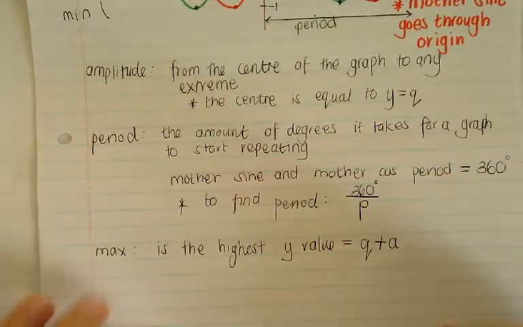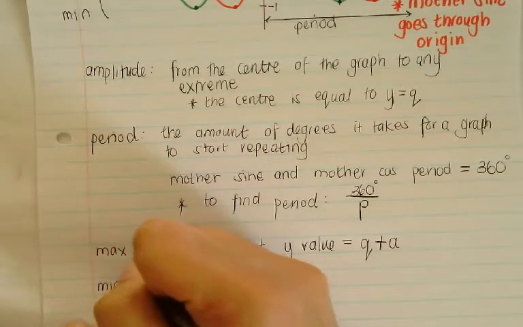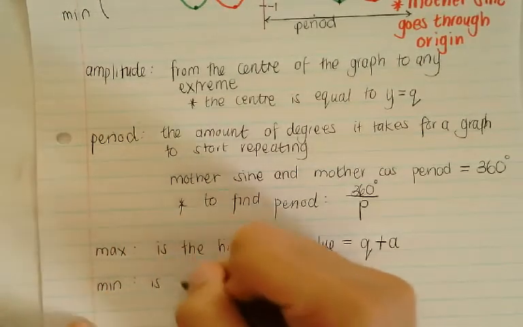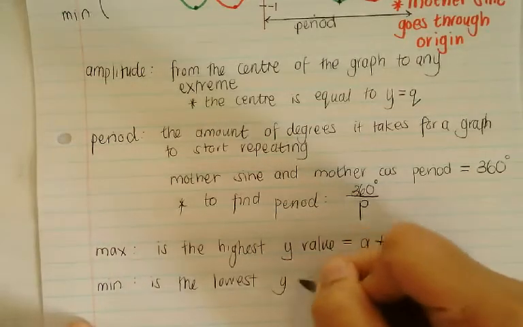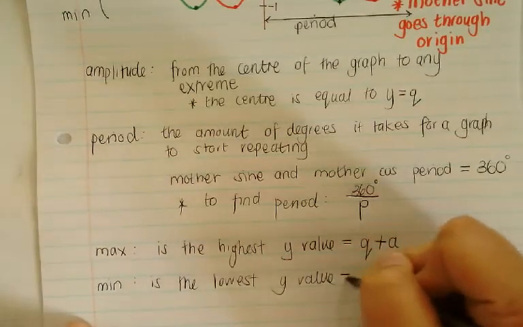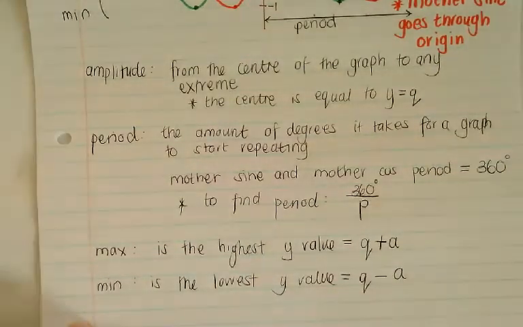So the maximum value is q plus a. What do you think the minimum would be? It is the lowest y value, and it is also my q value minus a.